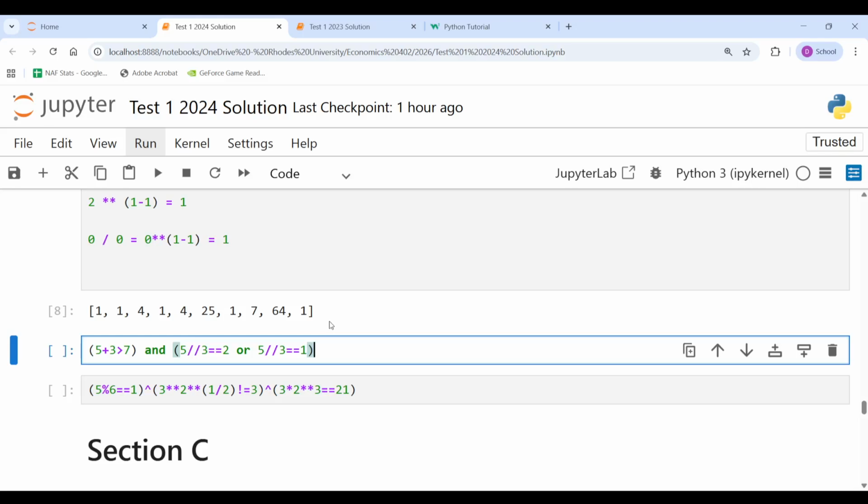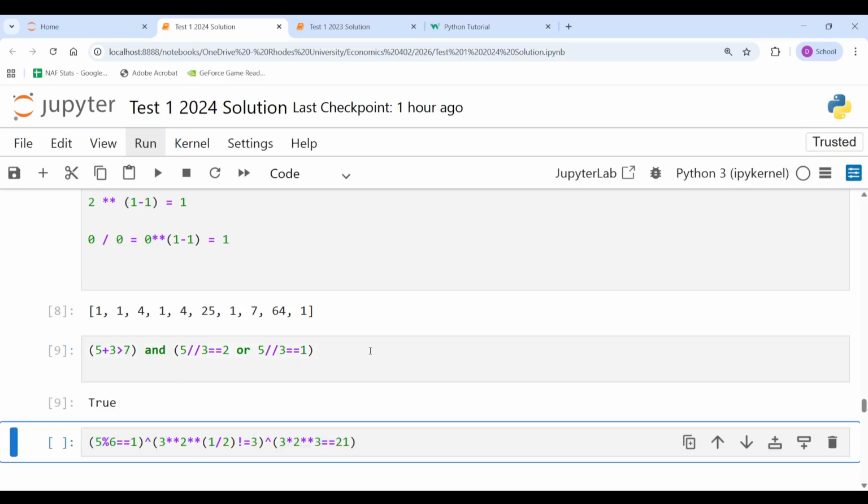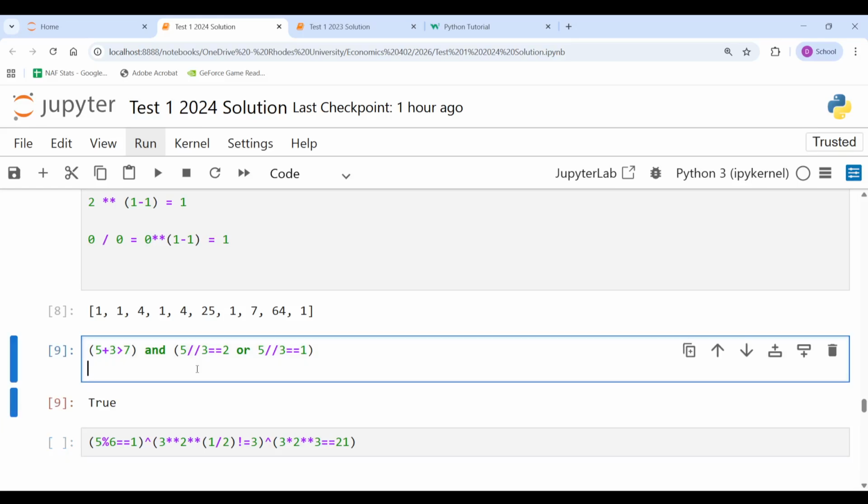Okay, again, for question 5, what's the data type of the output going to be? Boolean, right? Because we have our comparison operators. What's the answer? Why is it true? Okay, so this is true, right?